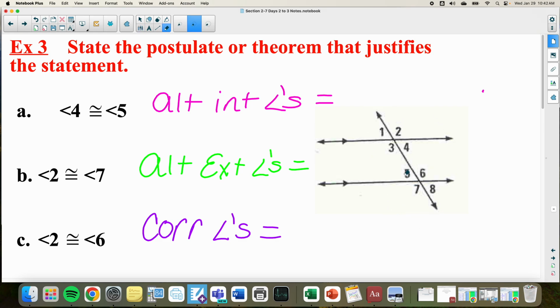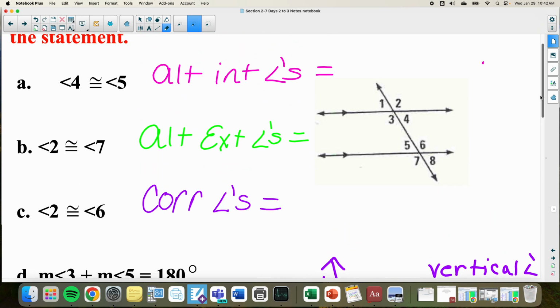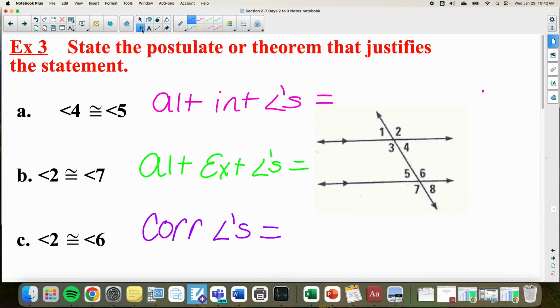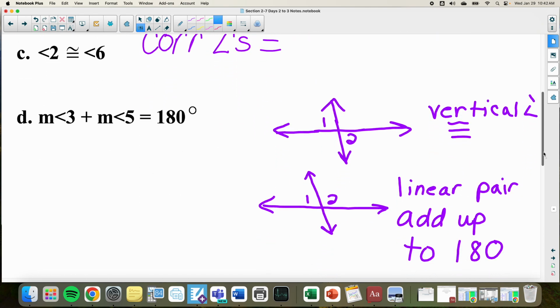Okay, the next one is the measure of angle 3 plus the measure of angle 5 equals 180. What kind are 3 and 5? Consecutive interior. So we'd say for this one, consecutive interior equals 180, like that.